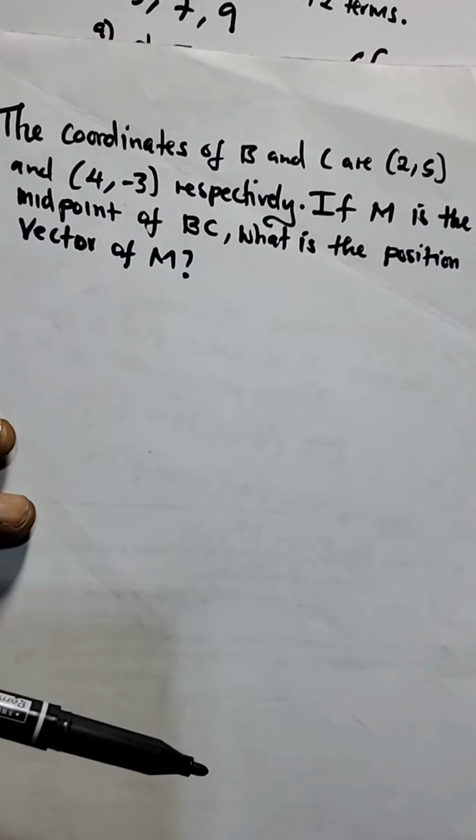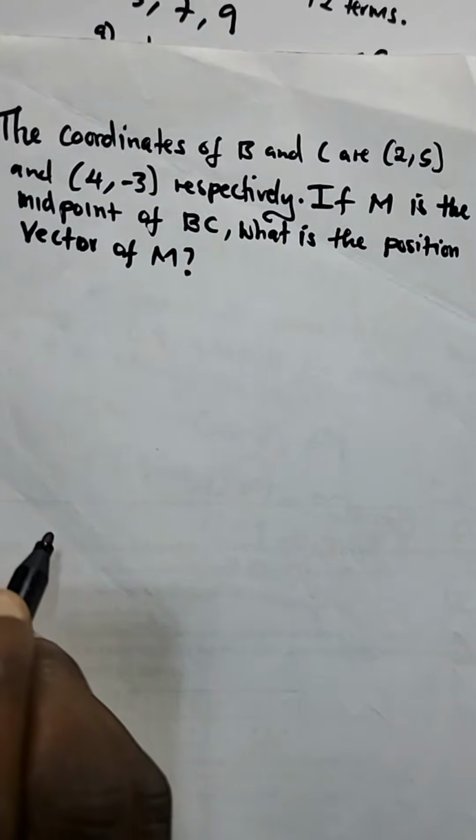This is simple. Position vector of M, in other words, this is asking us to find the coordinates of M and write them in column vector. Now, how do you find the midpoint? The formula is simple. Let me just write down the coordinates given here.